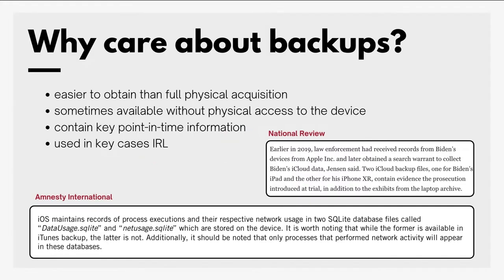Also, Amnesty International published documentation on Pegasus and how to spot it, how to know that your device was infected with it, and one of the databases available in an iPhone backup can be used to check for these indicators. That's not all you need, but it's a key piece in the puzzle, and sometimes one that you can get more easily than others.